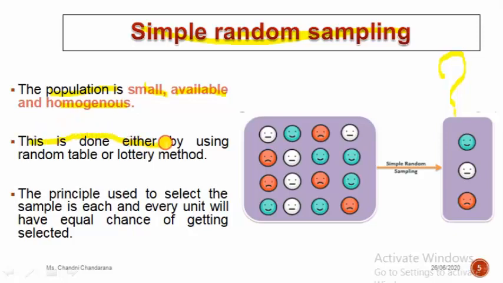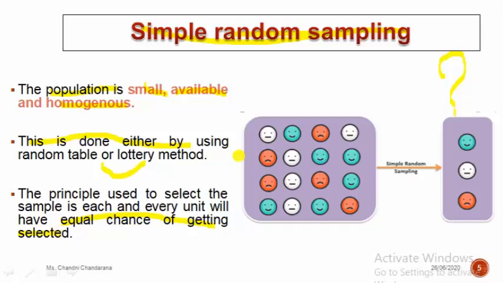This is done either by using a random table or the lottery method. These are the techniques for how you can select the sample. The principle used to select the sample is that each and every unit will have an equal chance of getting selected. Here, for all the samples there is an equal chance. Any sample can be selected. So this is simple random sampling.